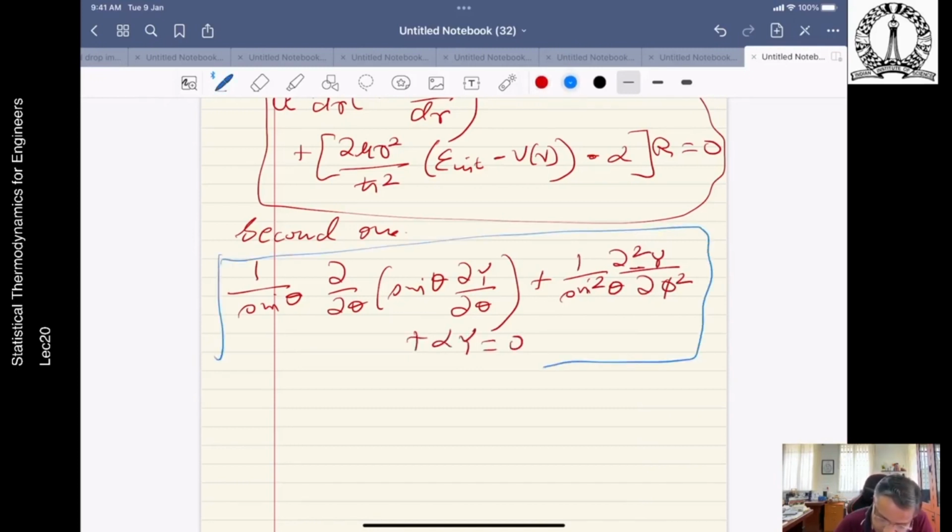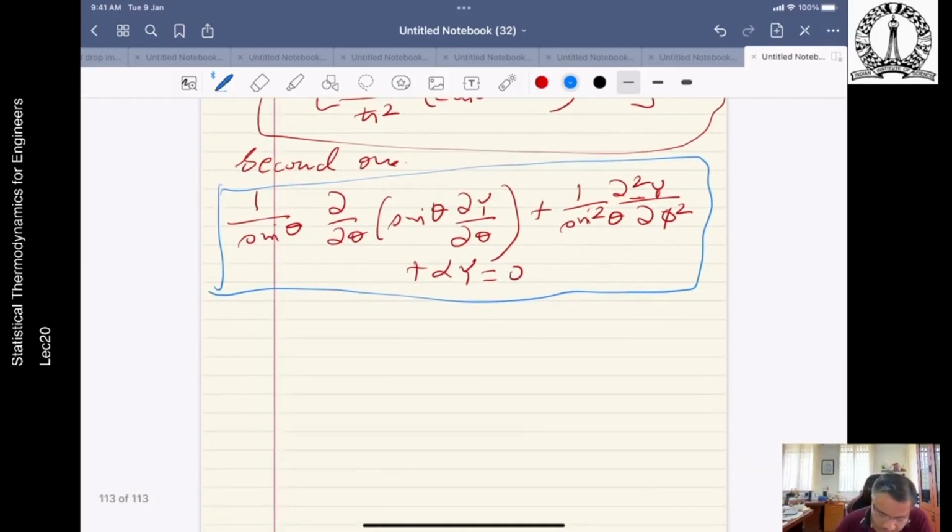Second. Okay, now similarly Y, as you know, is a function of theta comma phi.